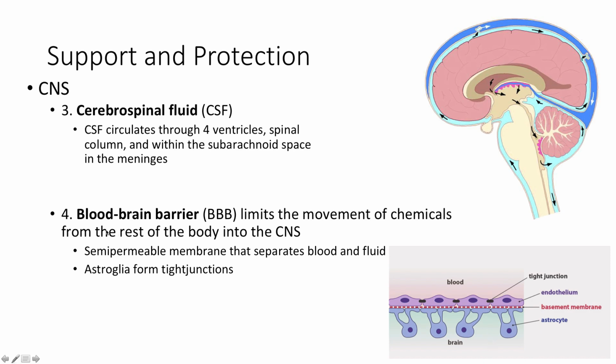So the blood-brain barrier is technically just a semi-permeable membrane that separates blood and fluid. So here you have the blood, here you have the brain, and here you have the blood-brain barrier. It does let some things through, but not everything. So it's very specialized, and it only lets certain types of nutrients through.